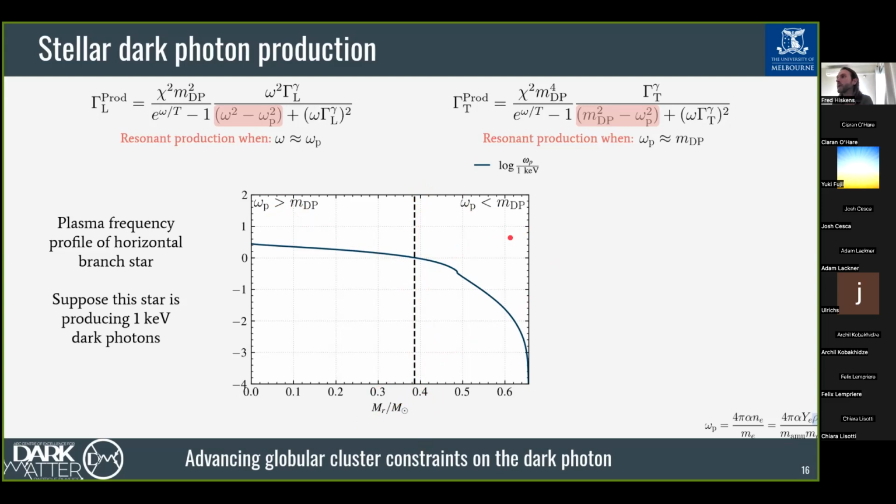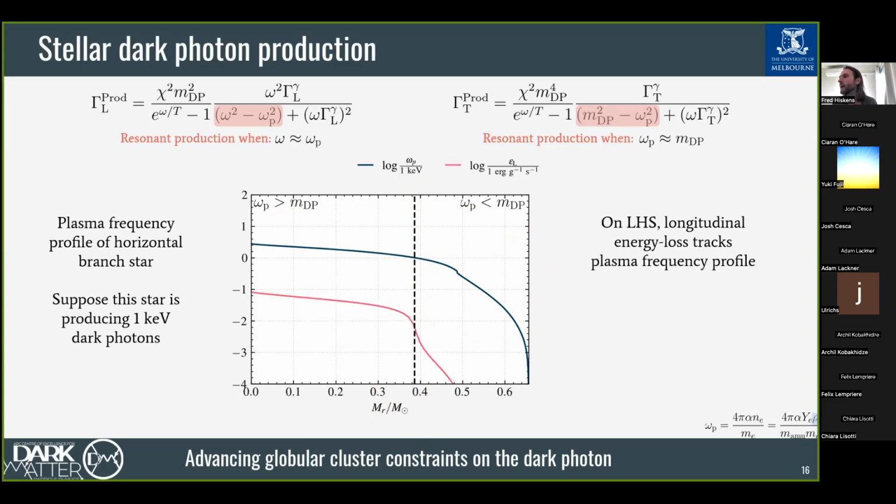And so what we want to do here is have a look at what the energy loss profiles to L and T dark photons look like. Starting with the L, I'm showing here the log of the energy loss to longitudinal dark photons, normalized to 1 erg per gram per second. On the left-hand side of this boundary, this profile pretty much tracks the plasma frequency profile.